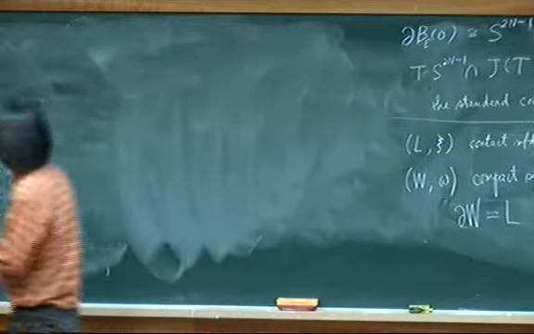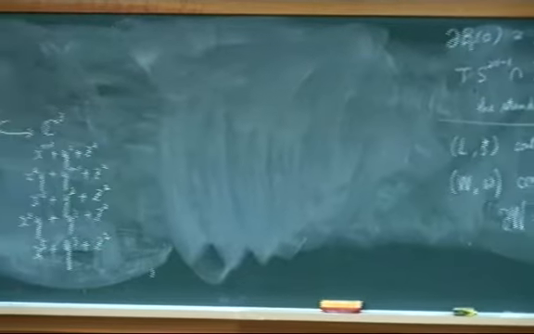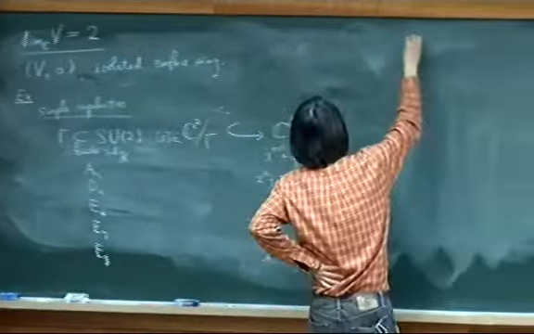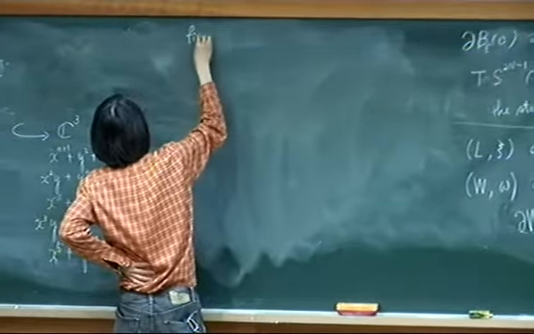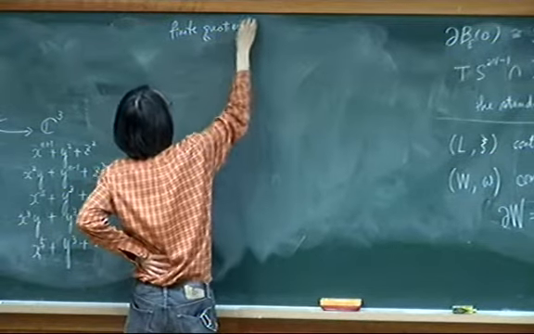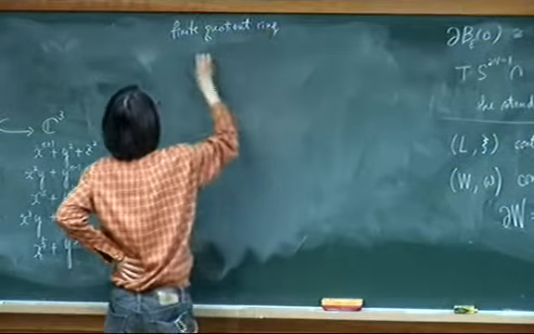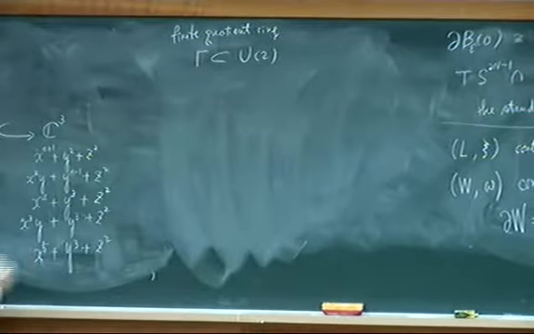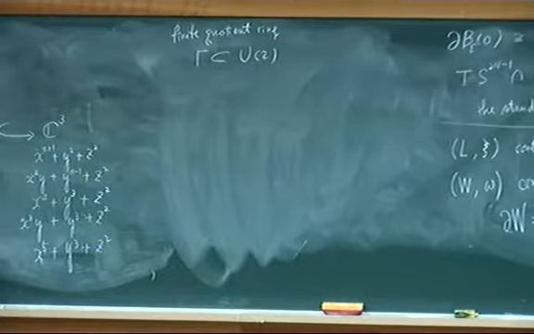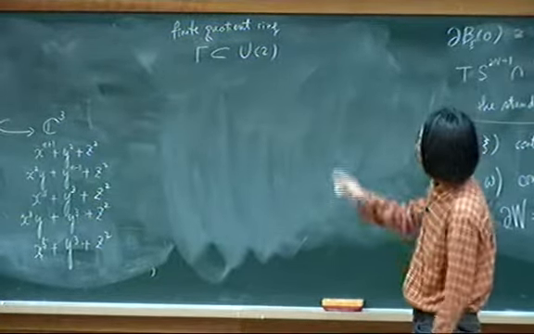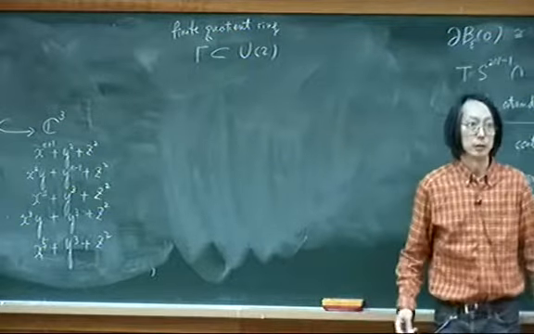And we can also consider finite subgroups of U(2). So this is a finite quotient singularity. It corresponds to Gamma in U(2). We also have some sort of classification. And among them, a special thing is the so-called cyclic quotient singularities.